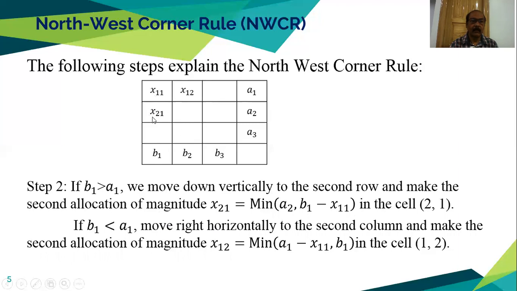Now we move towards the first row, second cell. The allocation will be x12, and x12 will be the minimum of A1 minus x11 and B2, whichever is the minimum, that we have to allocate in cell 1,2.